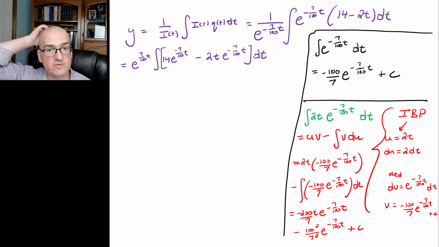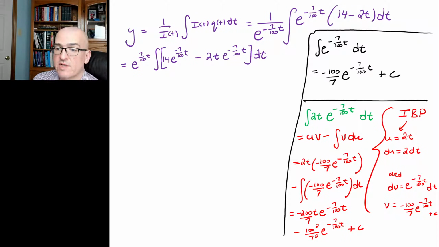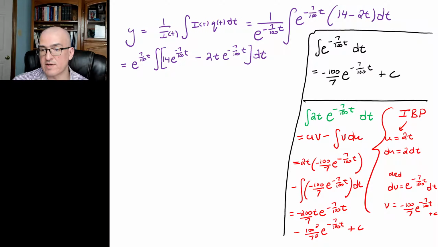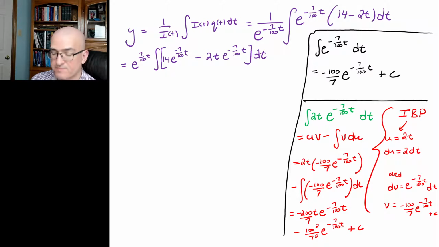Just using substitution with w equals negative 7 over 100 t again. And we'll get a negative 100 over 7 that will come out and join the existing negative 100 over 7 and the existing additional minus sign. So we still end up with a negative.